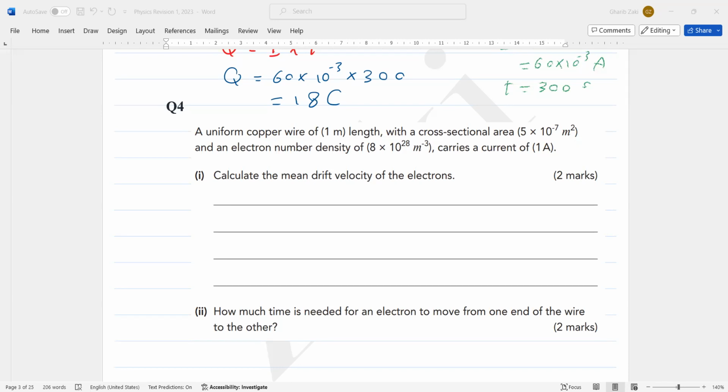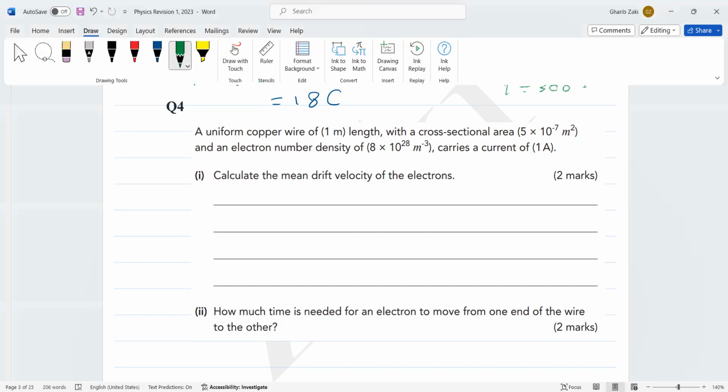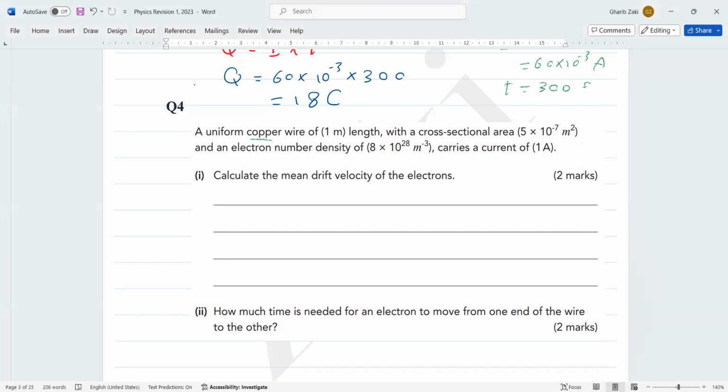How can you read the question in physics? Follow me, please. We read the question. Uniform copper wire of 1 meter length. Then we have the given L, the length of the wire in meters, which is 1. With cross-section area A equals 5 multiplied by 10 power negative 7 meters squared.